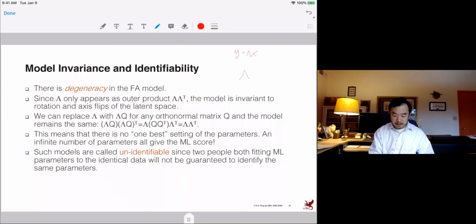Therefore, what you see is basically always an outer product of the lambda matrix.